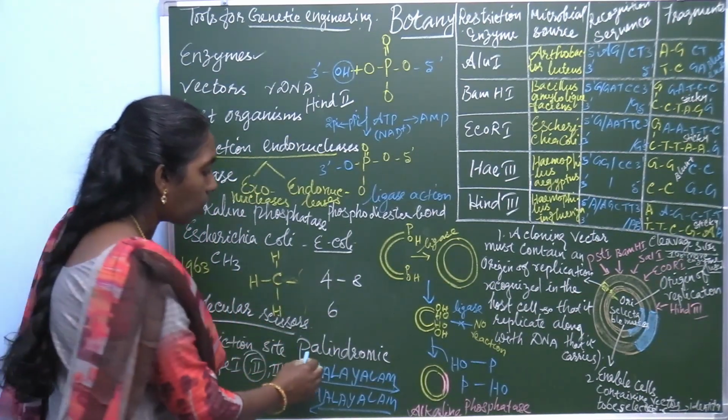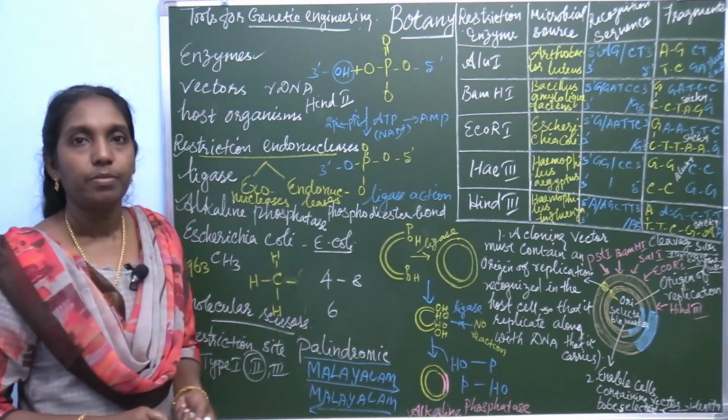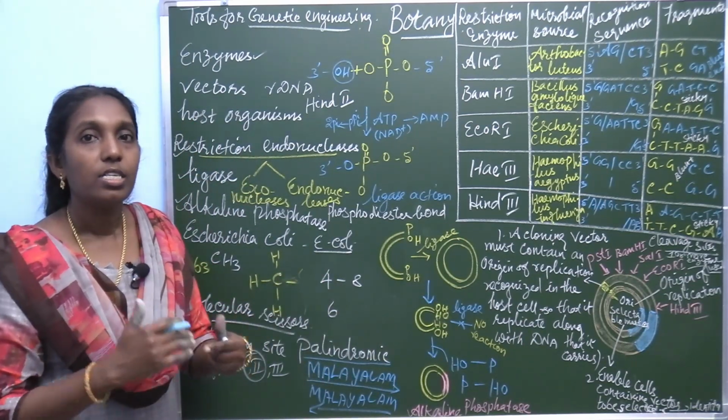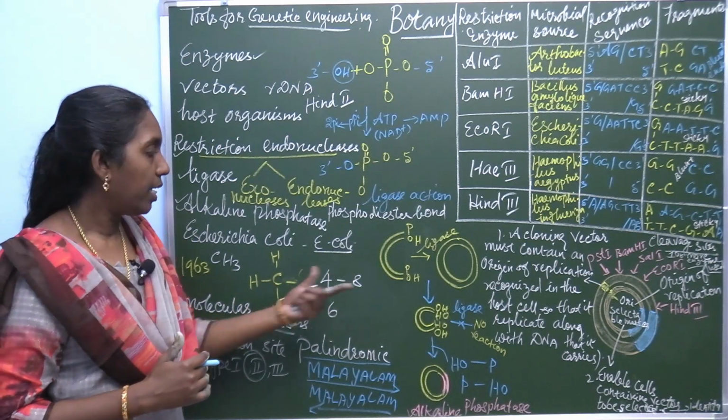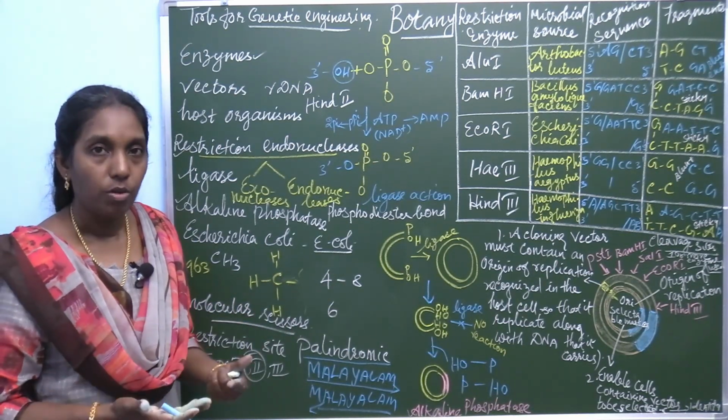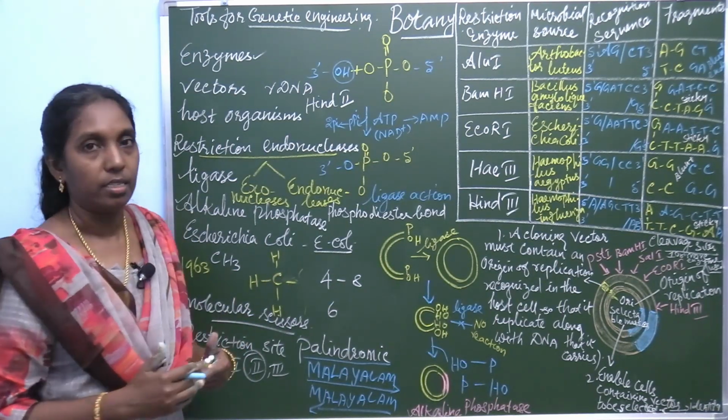So, this is called palindromic. In the recognition site of this DNA sequence, it is known as palindromic.